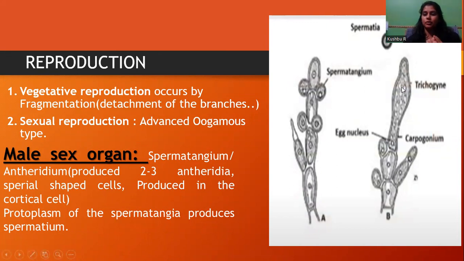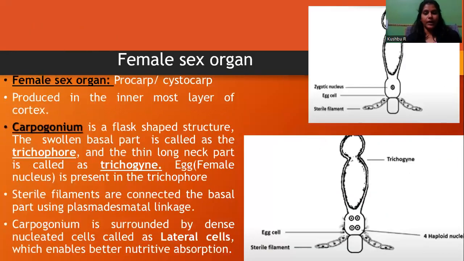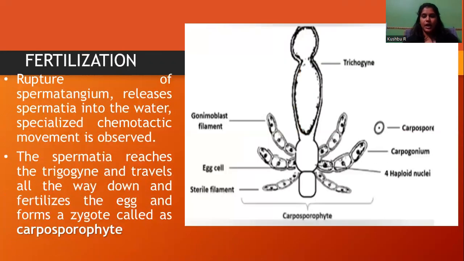Trichogyne is a pathway through which your spermatia travels and then fertilizes the egg that is present in the trichophore, and then it becomes a diploid zygote. Apart from that, it also has some sterile filaments which help in the reproduction process.